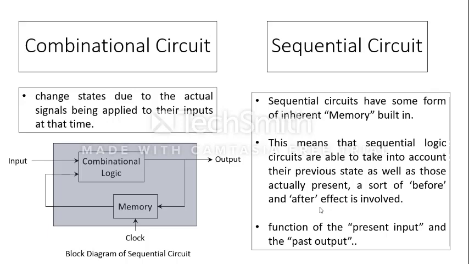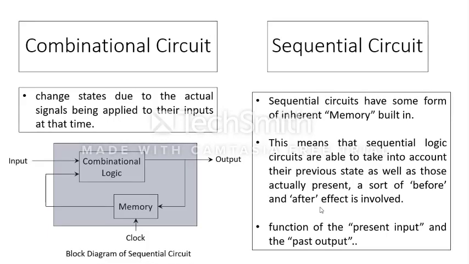For a real-life example, you are implementing a for loop, and you are calculating c_i equals a_i plus b_i plus c_(i-1). When calculating c_i, it depends on the past value of c, that is c_(i-1).